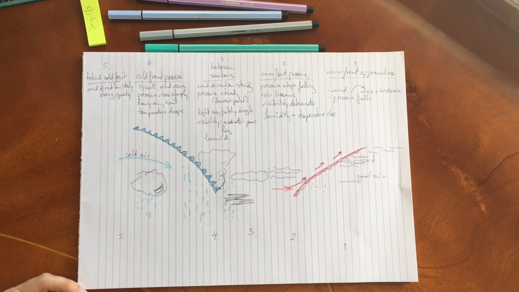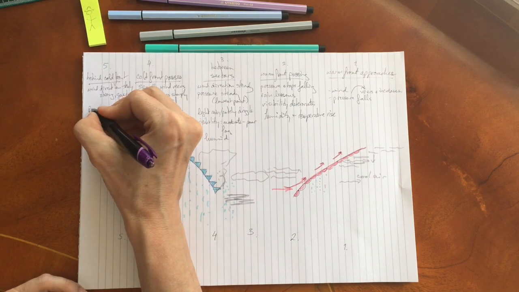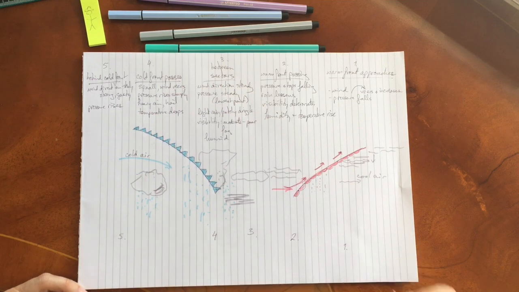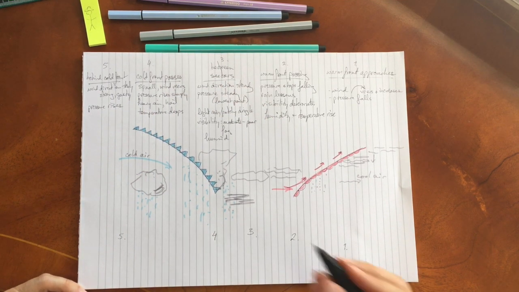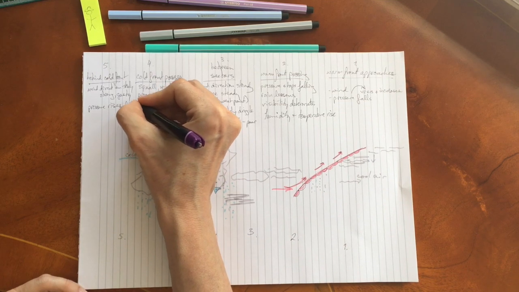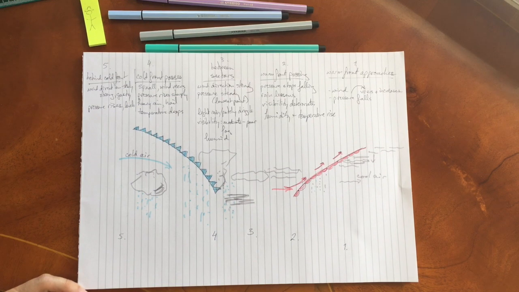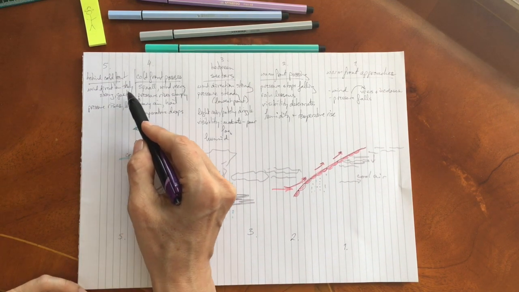Steady, strong, gusty winds. What happens to the barometric pressure? It rises, and then levels. So, unlike the cold front passing, where the pressure rises sharply, here we have a steady rise in it.